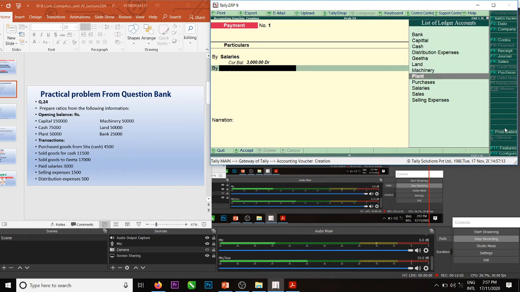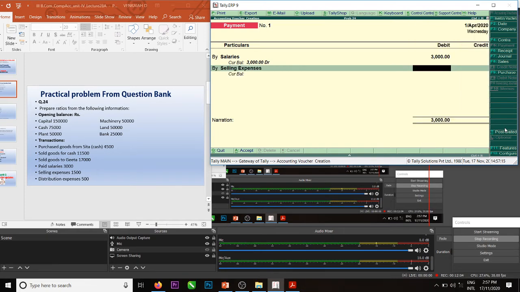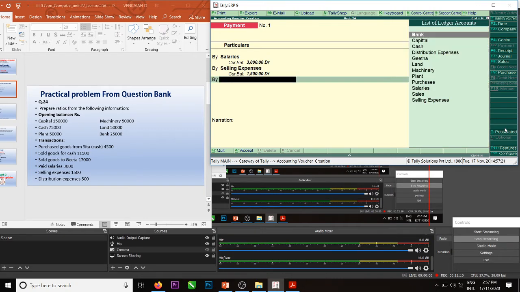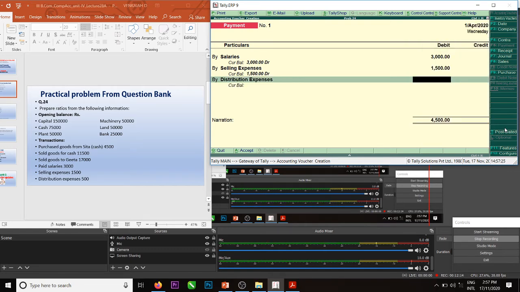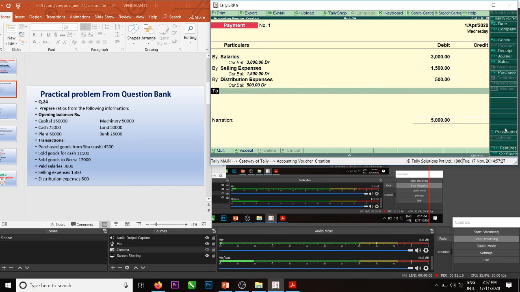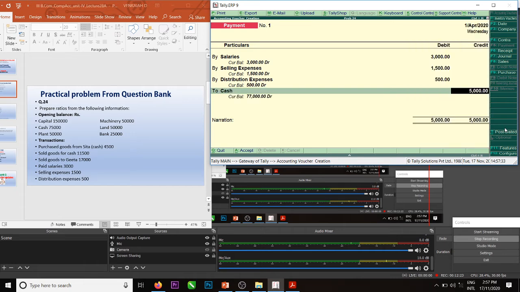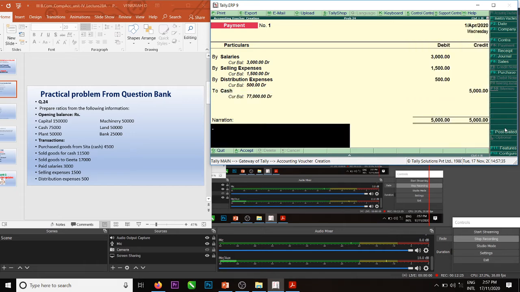Selling, 1,500. Distribution, 500. To cash. Expenses paid through cash.